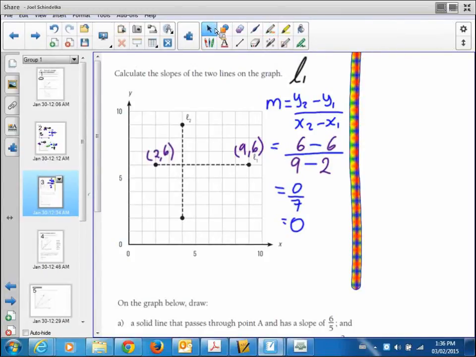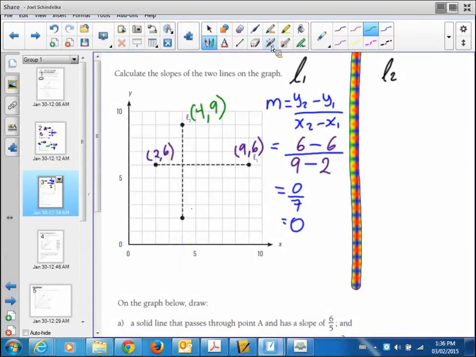So, L2. The second line is the one that goes straight up and down. I'm going to just follow along with this one. You see that this has a height of 9, and the x value is 4. So I'm going to use green for this one. 4 comma height 9.